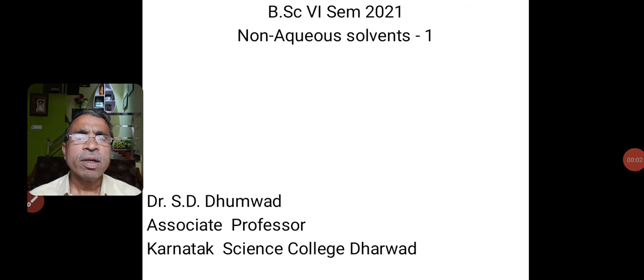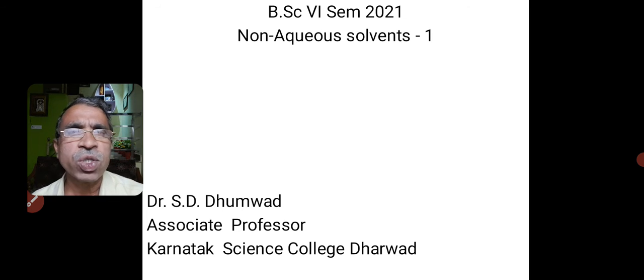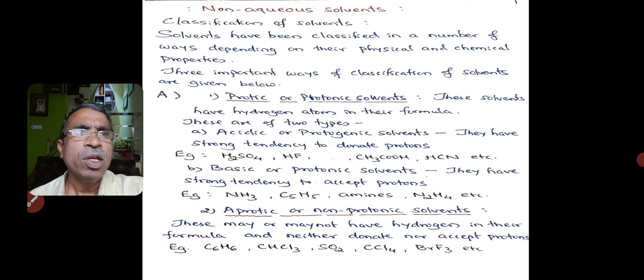Dear students, so today let us study a new topic known as non-aqueous solvents. We have already studied the meaning of a solvent in earlier classes. So we have studied solute, solvent and solutions.